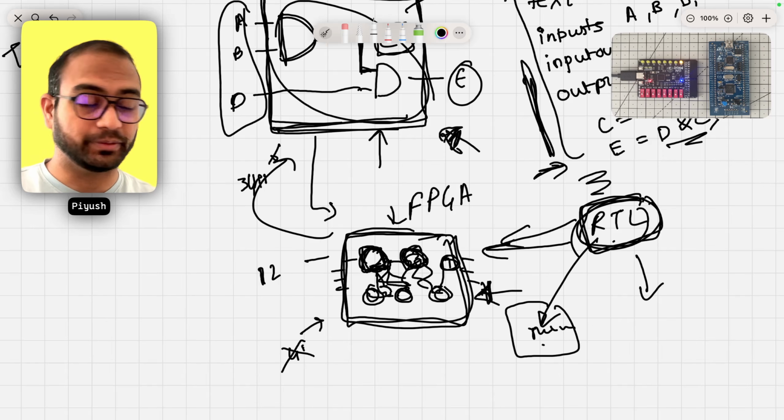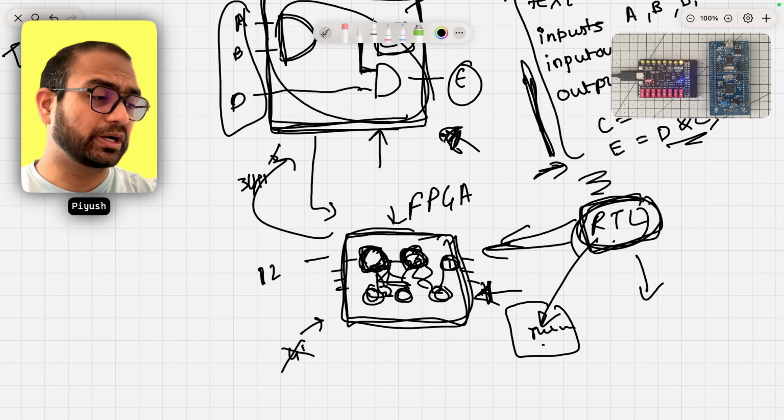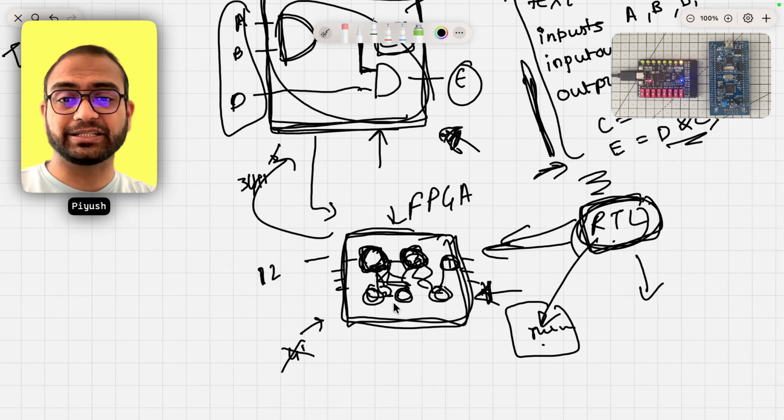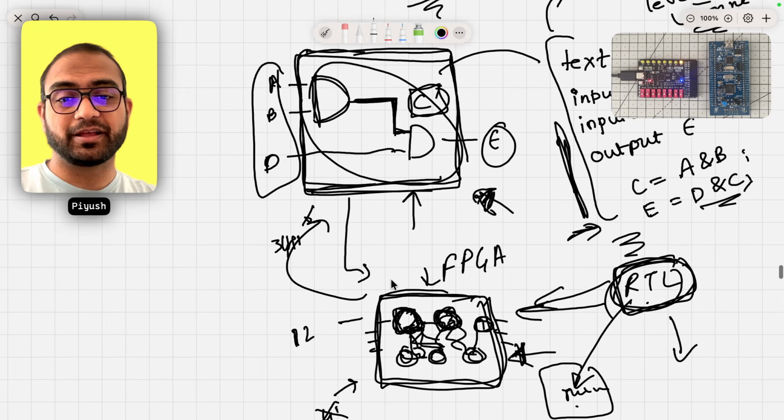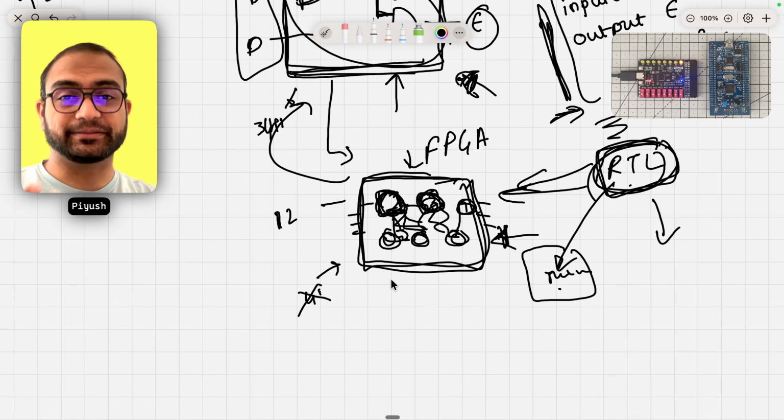And we should be able to do that. All right, so hopefully I've managed to convince you that an FPGA can become the digital hardware that you want it to be.